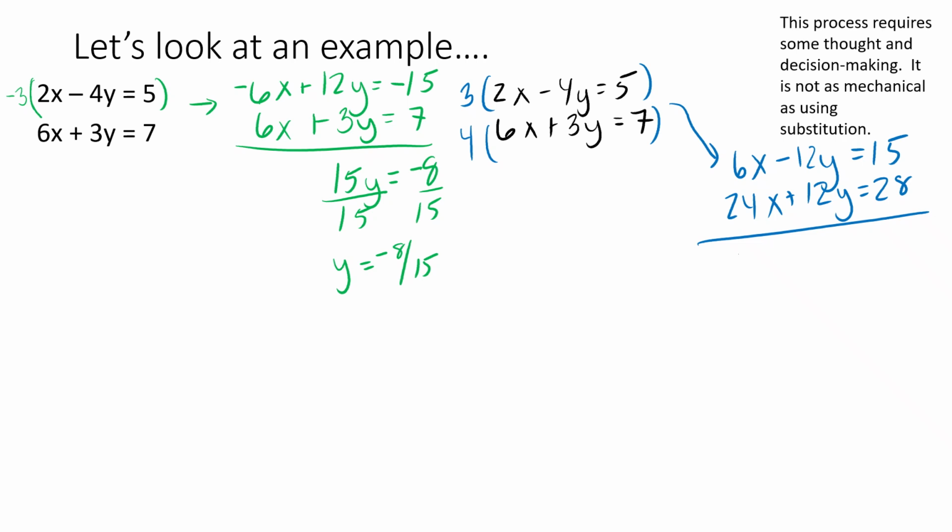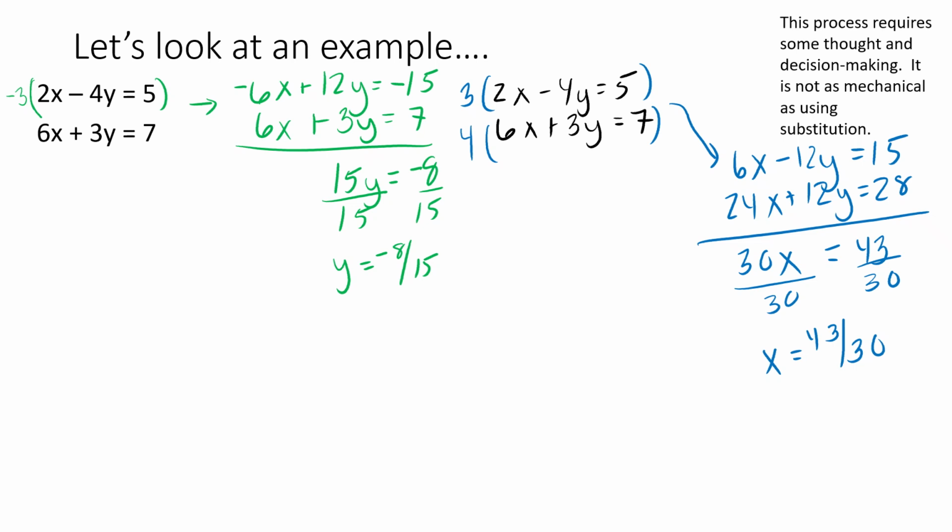6x plus 24x is 30x. This time the y's cancel out because -12y plus 12y is 0. And what do I have there? I have 43. Lovely. Divide both sides by 30, and I have 43 over 30, and neither of those numbers are nice.